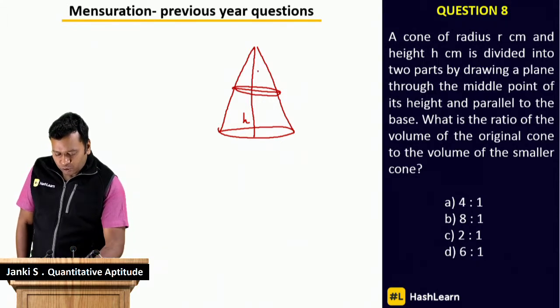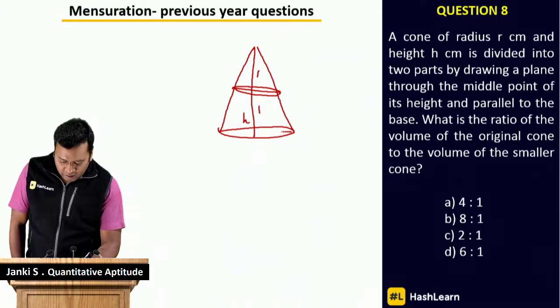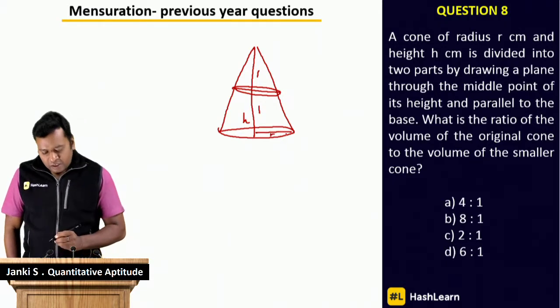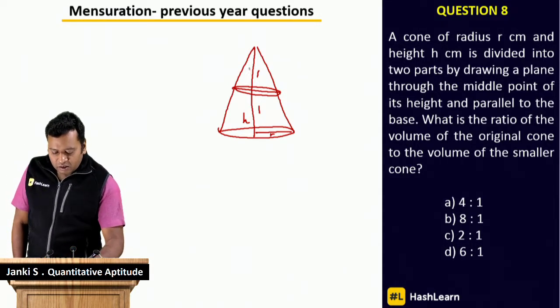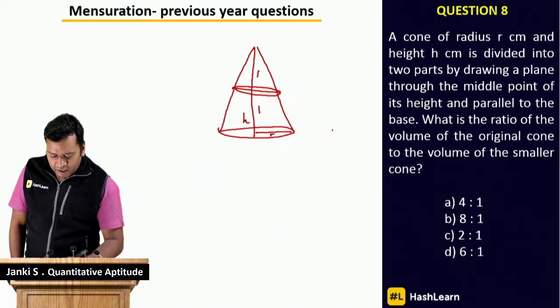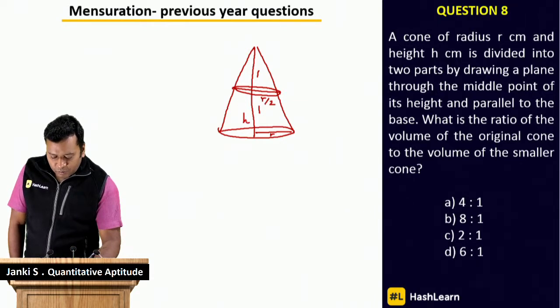It's a midpoint here, so it's in the ratio of 1:1, right? So assuming that the radius here is r, now consider this one as nothing but a similar triangle format, right? So if this is r here, this part has to be r by 2 here, and suppose this complete is h, that means this is h by 2.